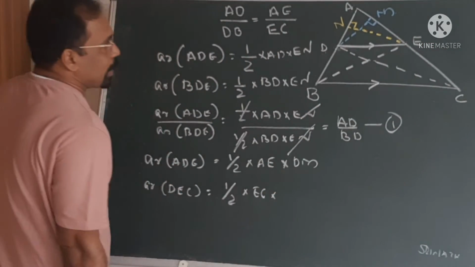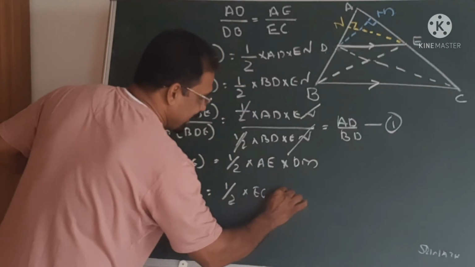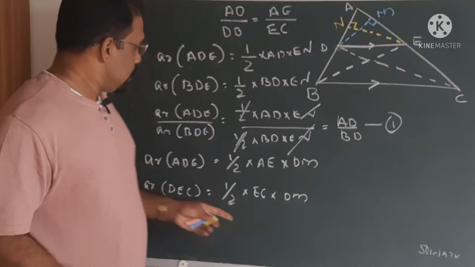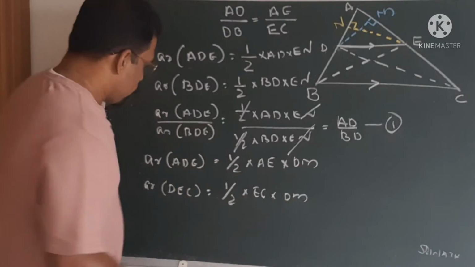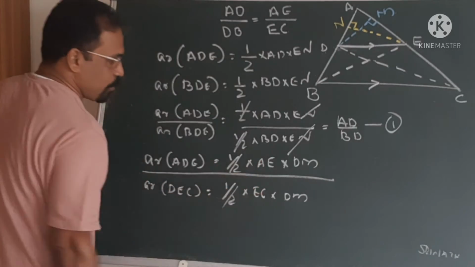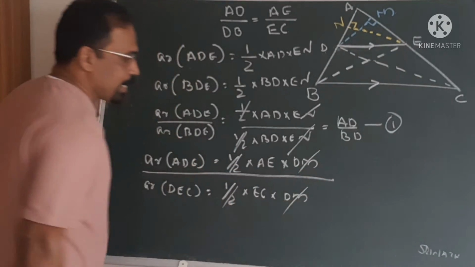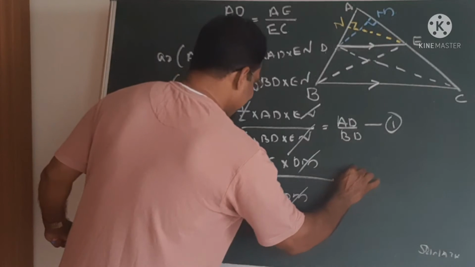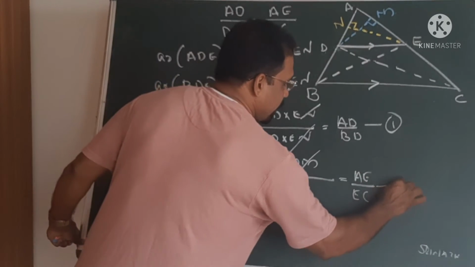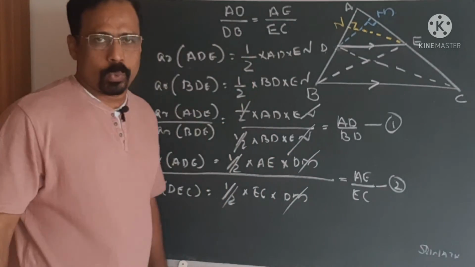EC into, what is the perpendicular distance? DM. Now if we divide these two areas, so what will happen? This half and this half will get cancelled, DM will get cancelled. So what is left is AE by EC. So let it be equation number 2.